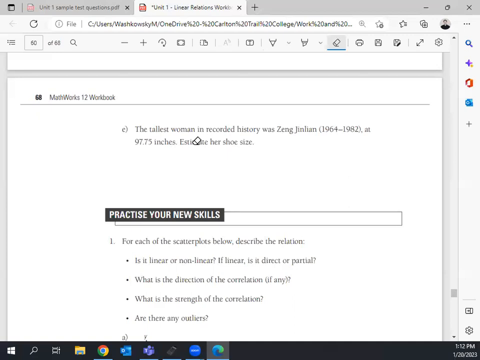So we know it has a negative direction. Is it possible we can draw a straight line with those points?